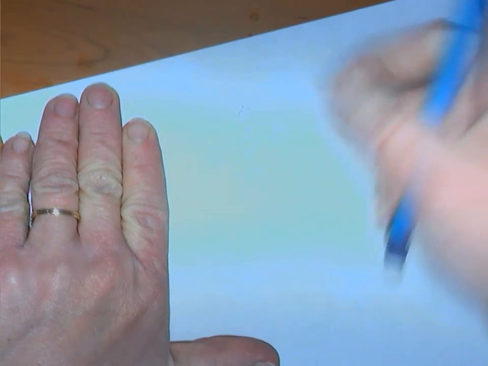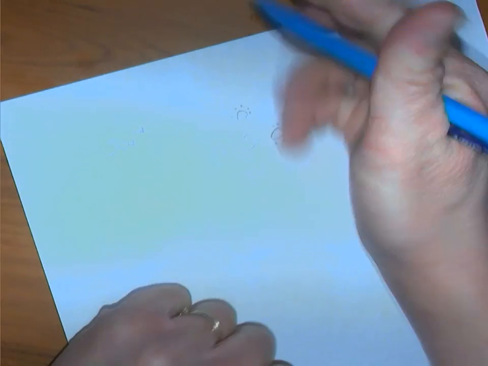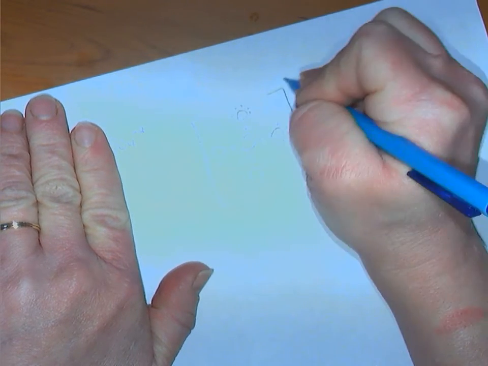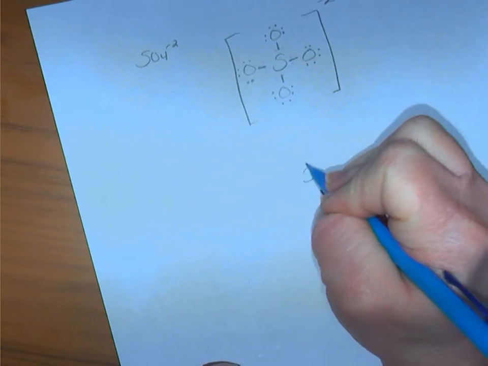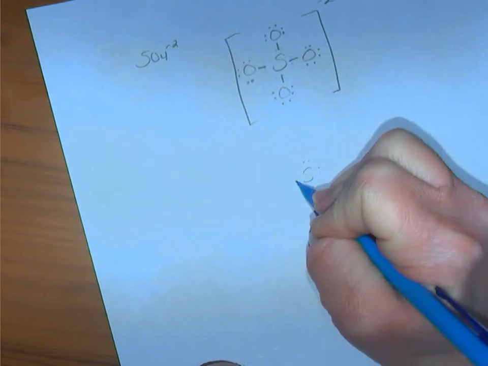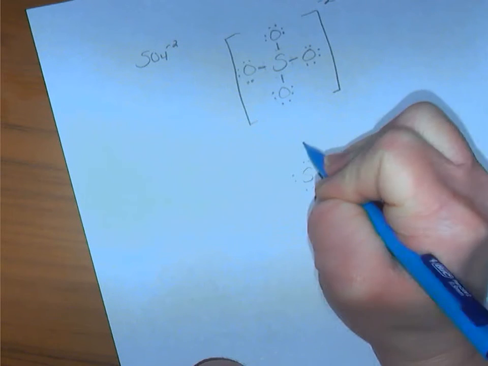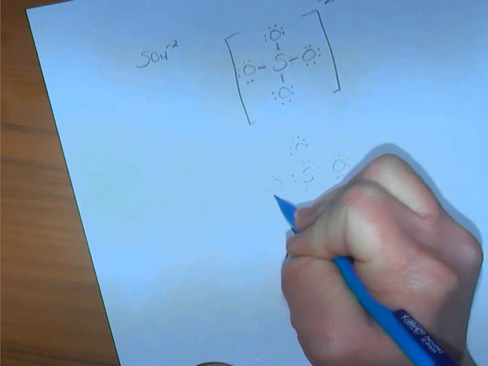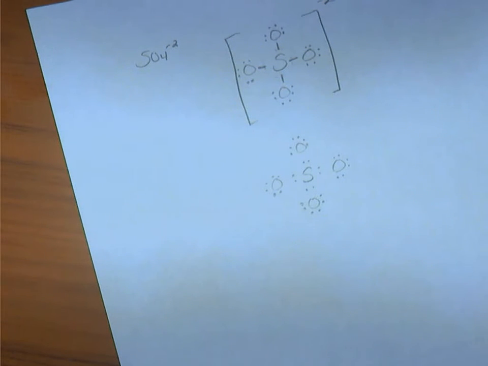And then sulfur is not exceeding the octet. So this is definitely one option. Okay, but what else could we do? Well, sulfur, again, being assigned those extra electrons because of that -2. Well, we know that sulfur, because it's in period 3, can exceed the octet. Okay, so what if we double bond with one of our oxygens?